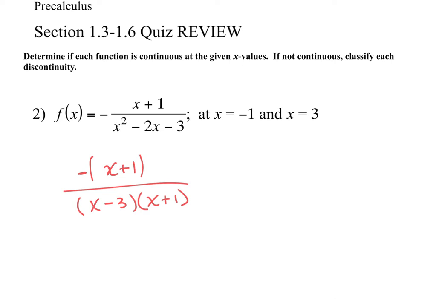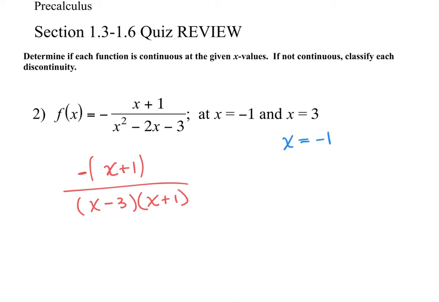And I'm going to say, okay, first I'm going to look at x equals -1. Does -1 cause a problem? Yes, it does. If I plug in -1, I get a 0 on the bottom. That is definitely a problem. So now I have to decide what type of problem. Can I cancel out what causes the problem with -1? Yes, I could cancel that x plus 1 on top and that x plus 1 on bottom.